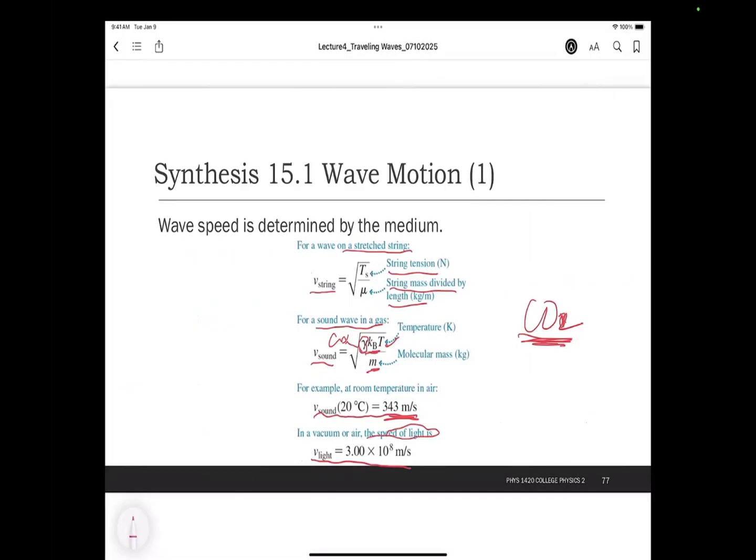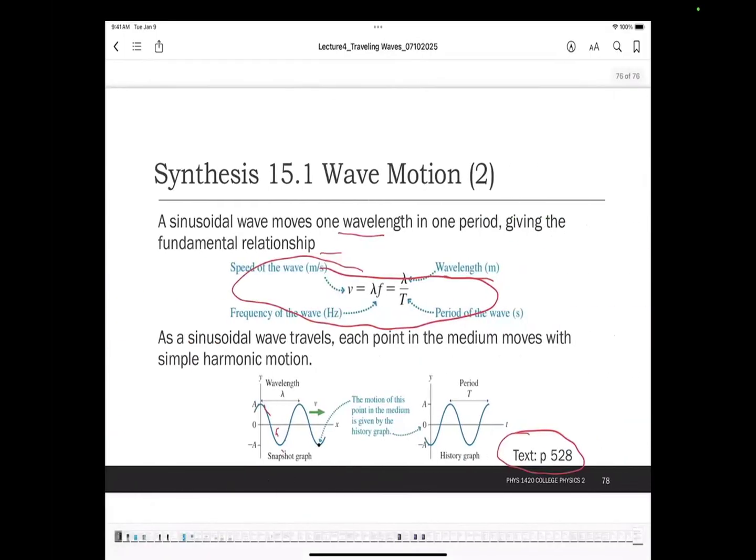We also talked about the sinusoidal wave and the relationship between the wavelength, the period, and the velocity.